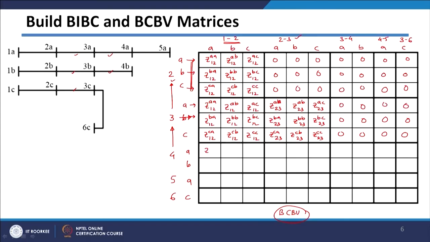So, here it will be Z 1 2 AA, Z 1 2 AB, Z 1 2 AC, Z 1 2 BA, Z 1 2 BB, Z 1 2 BC, which is the copied A and B rows. Similarly, here we need to copy this one.